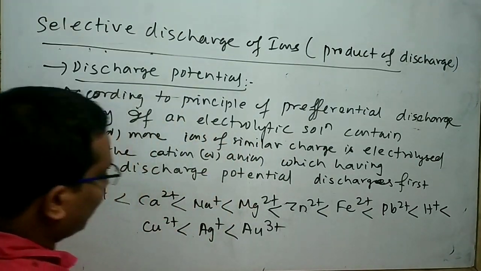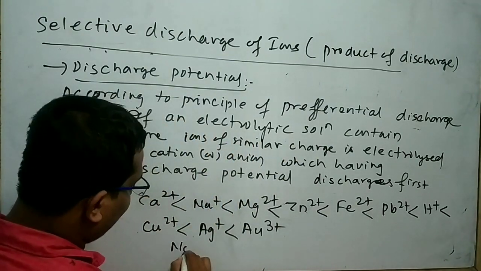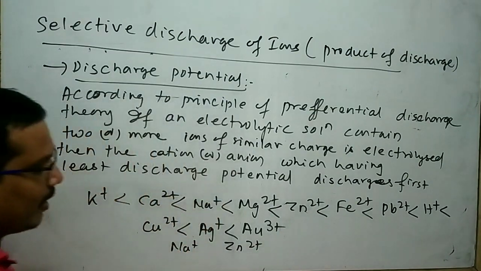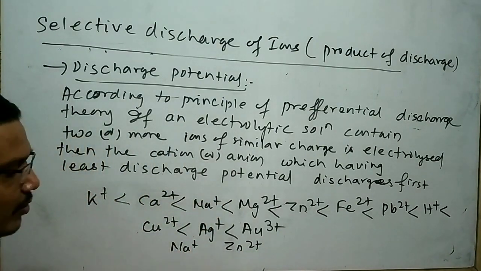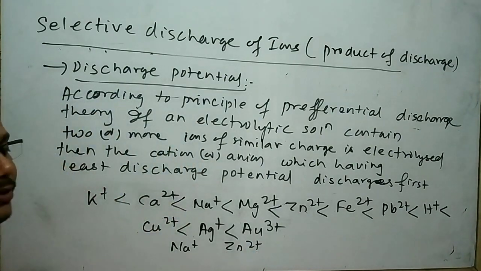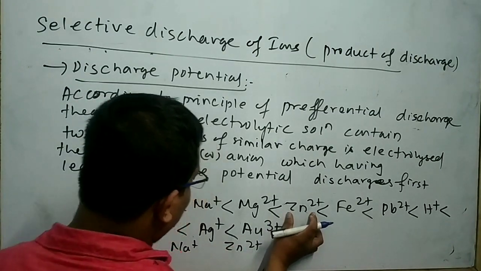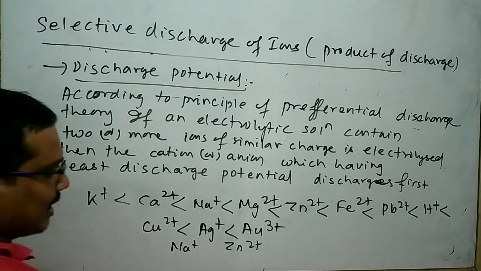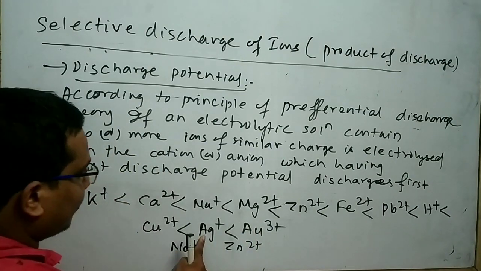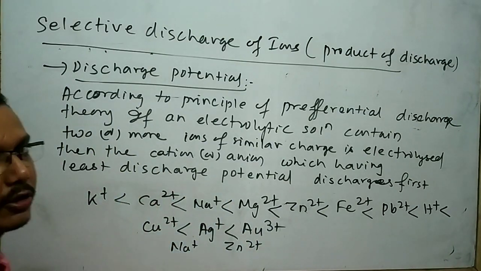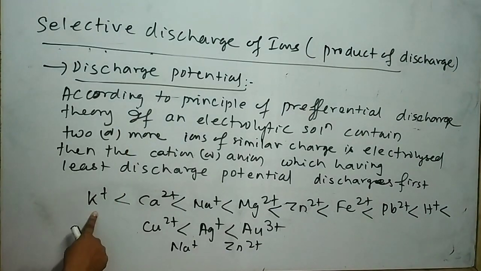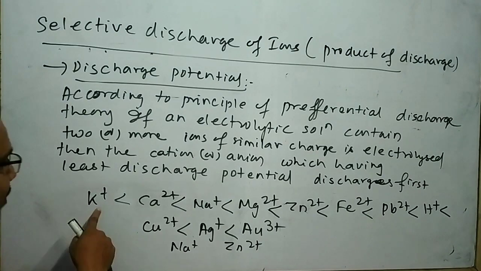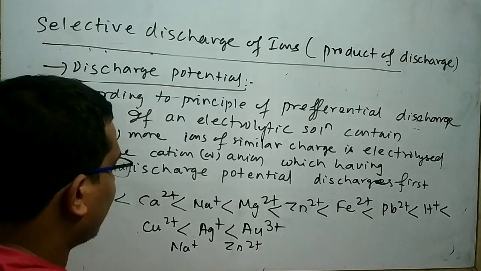Suppose I take two cations, Na+ and Zn2+, then Zn2+ discharges first because it has less discharge potential than Na+. Your Au3+ has the least discharge potential, so it discharges first as compared to Ag+, Cu2+, and the other cations. But the K+ ion has high discharge potential, so it cannot discharge as fast as the other cations.